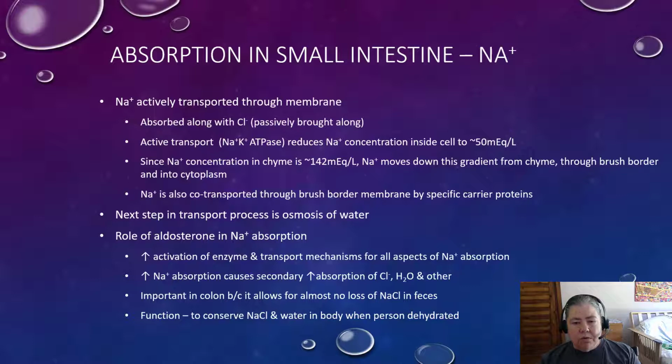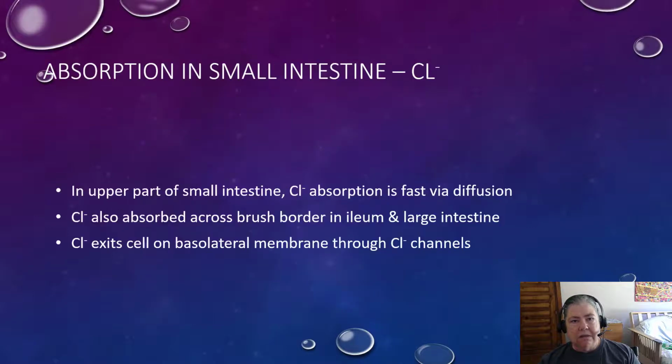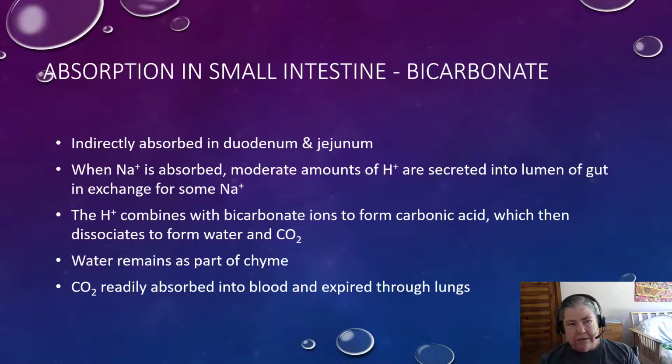We lose almost no salt in the feces, but as we absorb sodium, we also absorb water and chloride and various other substances. Chloride absorption is quite fast. It diffuses. It's following sodium. It is also absorbed at the brush border in the distal small intestine, the ileum, and in the large intestine. And so it enters the cell on the luminal border and exits the cell on the basal membrane through channels.